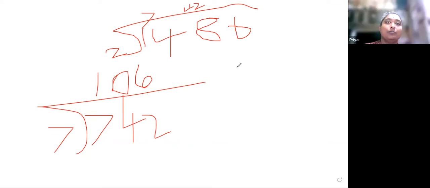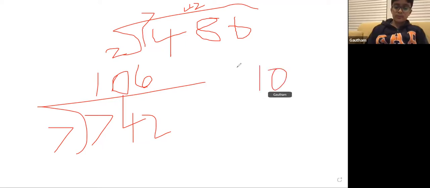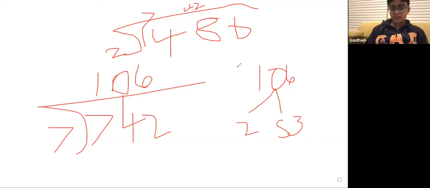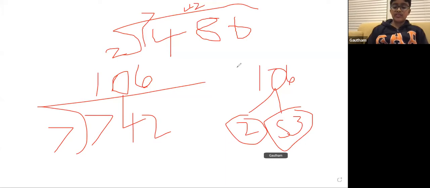You still have to prime factor it. That's the prime factorization.